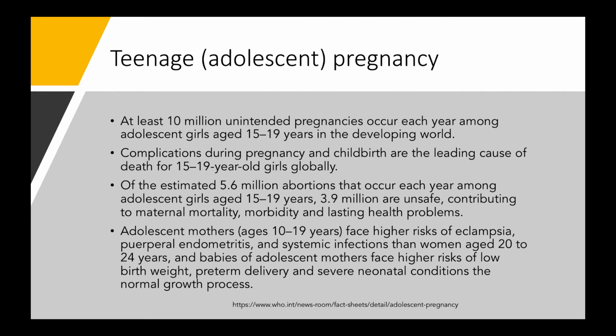Adolescent mothers aged 10 to 19 years old face higher risk of eclampsia, puerperal endometritis, and systemic infections than women aged 20 to 24 years old, and babies of adolescent mothers face higher risk of low birth weight, preterm delivery, and severe neonatal conditions.